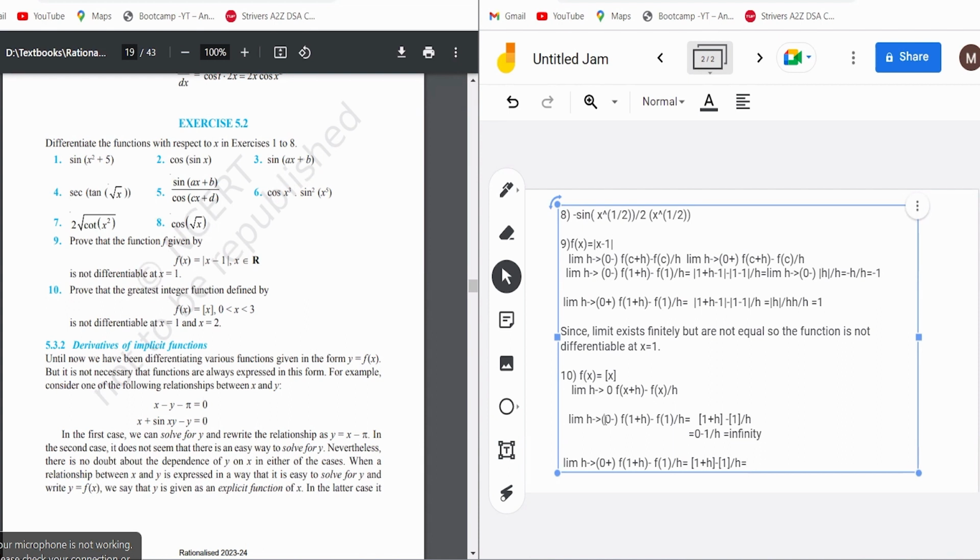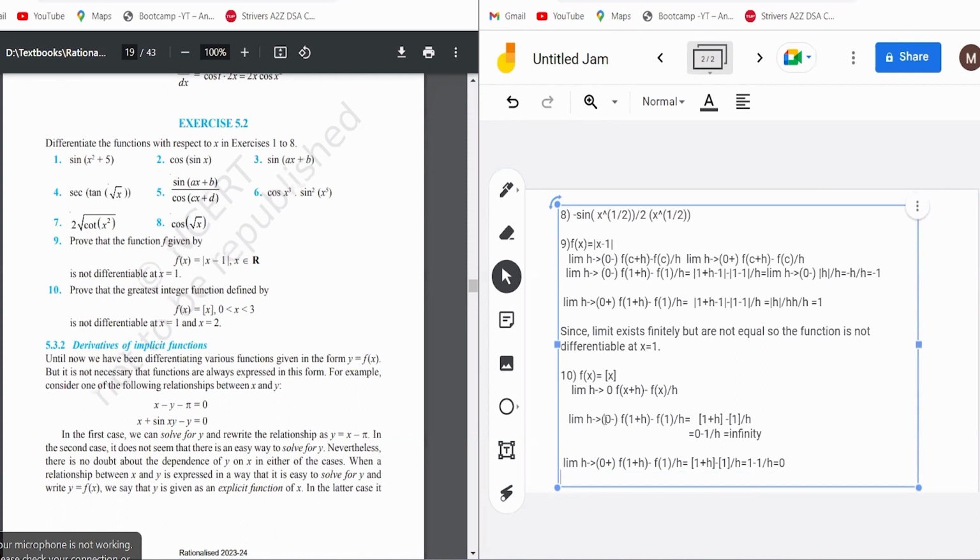So GIF of that thing would be 1 minus 1 divided by h. So from here we are getting 0. So we can easily see that the limit value is not equal, and even the limit does not exist when h is tending to 0 minus. So using these two things, I can easily say that my function is not differentiable at x equal to 1.